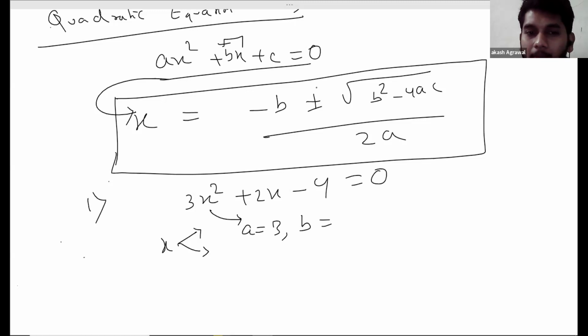3. इक्वेशन पढ़ना एक बारी. 3x square plus 2x minus 4 equals 0. यस, -4 = 0. तो X के साथ कौन लिखा हुआ है? X के बगल में कौन लिखा हुआ है? 3.